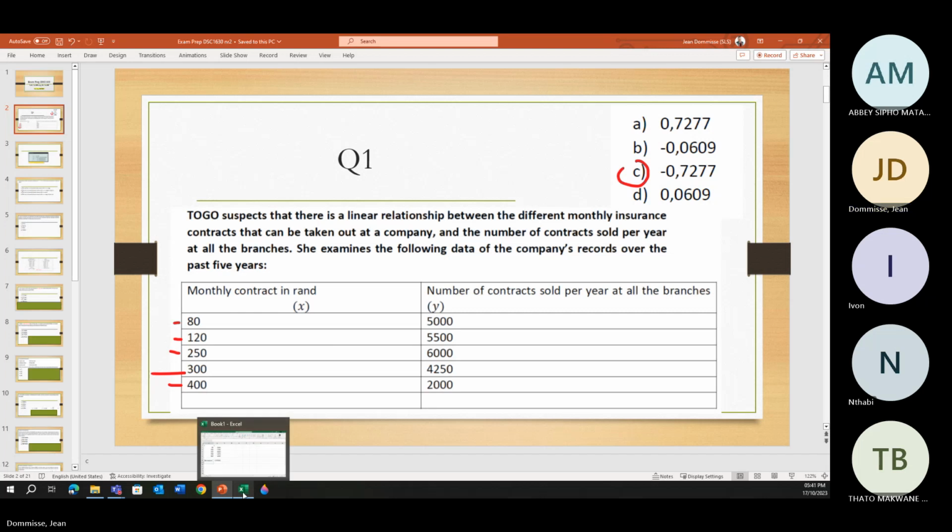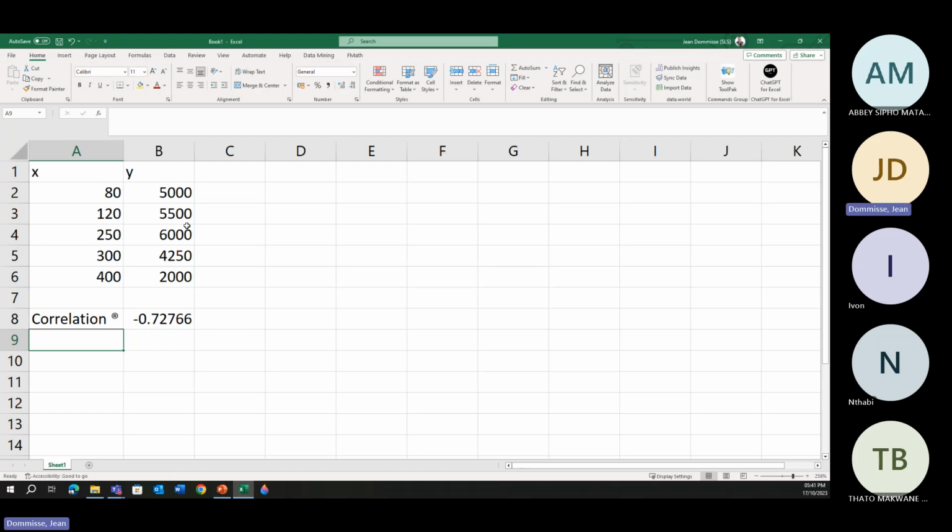So please let me know if you guys are allowed to use Excel, and also in your exam, what is the tool that you're writing under? Is it Iris that you're using, or is it a different one?